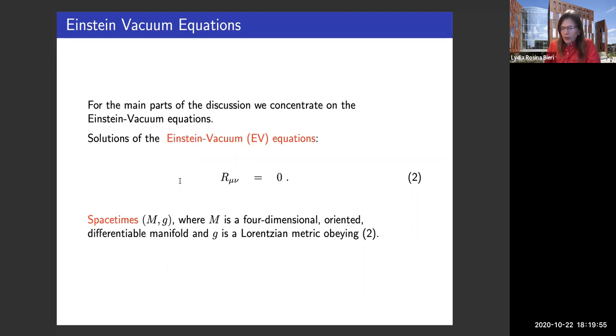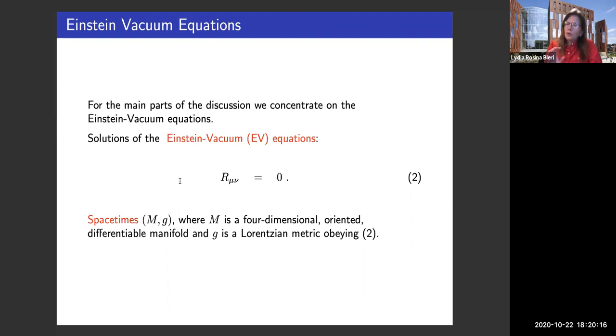And so for the Einstein vacuum equations, you can think of asymptotically flat systems, a system where there's some curvature generated by interesting mass or energy locally, but far away, the next object does not really interfere. So we often look at asymptotically flat systems for the Einstein vacuum equations.